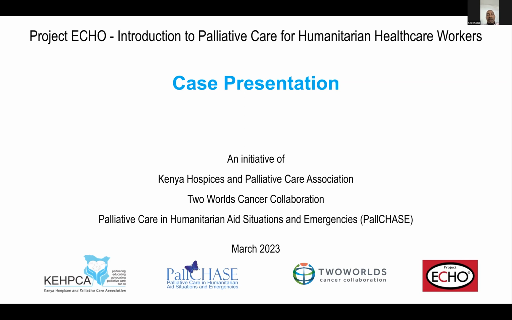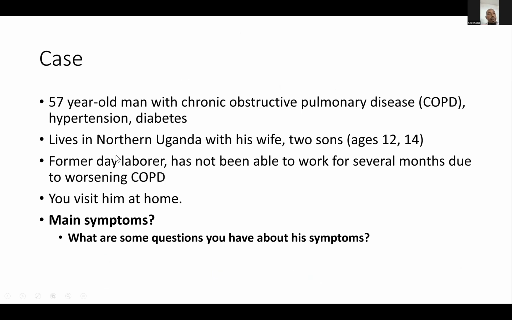My name is Ali Abdullah Khamis from Dadaab Hagdera Refugee Camp, and I'm also one of the faculty members of the Palliative Care in East Africa ECHO program. Today we have a case presentation. The case is a 57-year-old man with chronic obstructive pulmonary disease, COPD, hypertension, and diabetes.